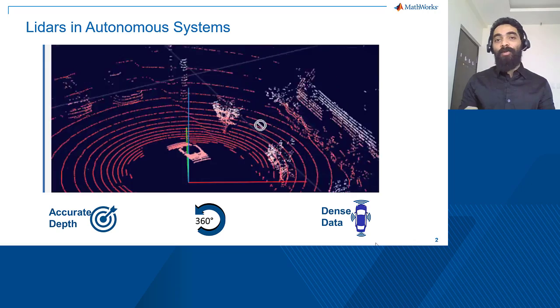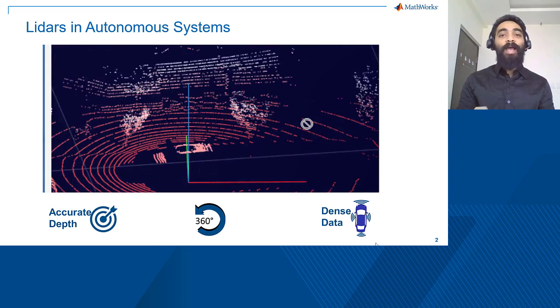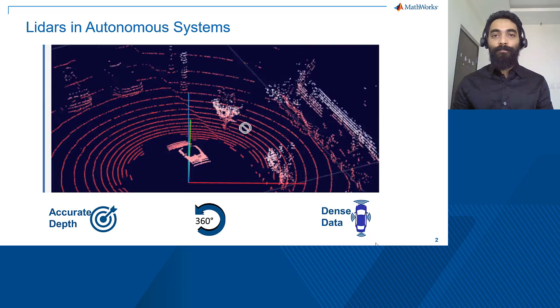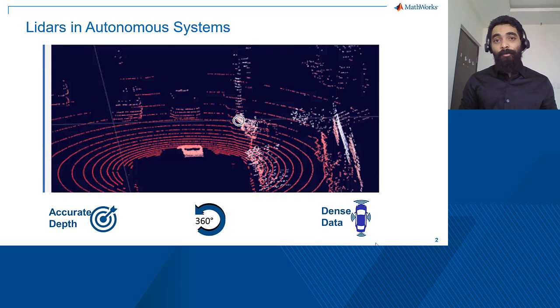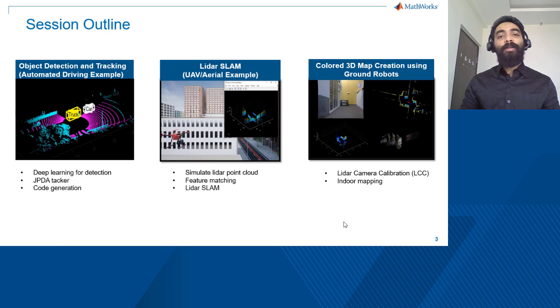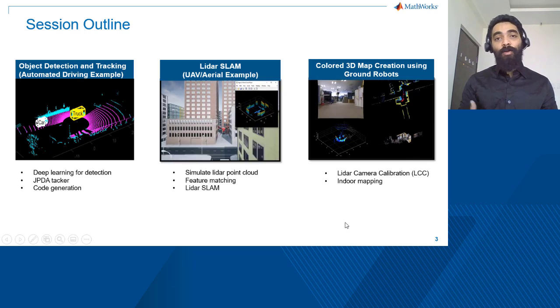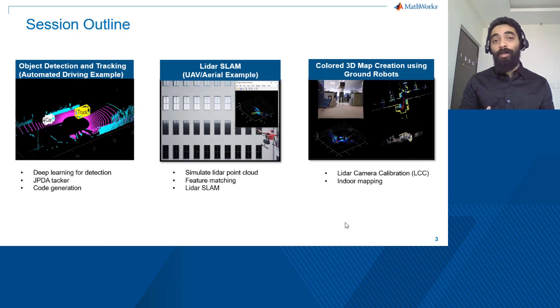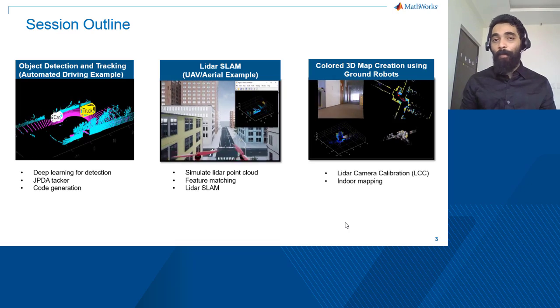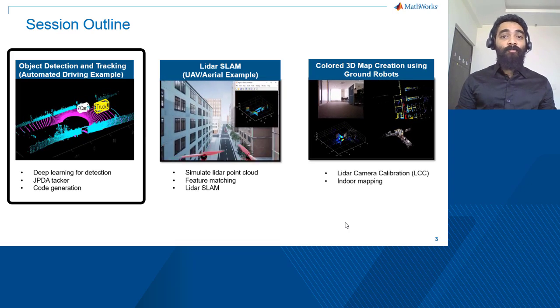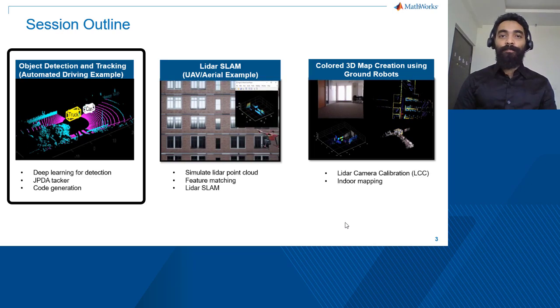Finally, the dense data from LiDAR sensors improves the accuracy when we are using machine learning and deep learning algorithms. In this session, using three examples from three different application areas like automated driving, aerospace, and robotics, I'll show you how to build LiDAR processing systems in MATLAB. The first example is object tracking for automated driving applications.